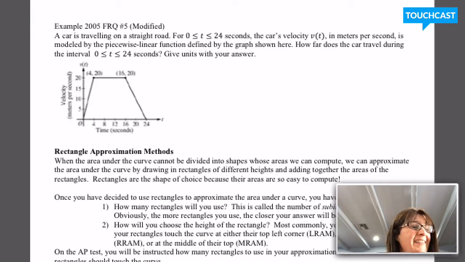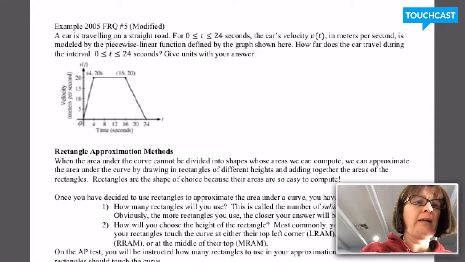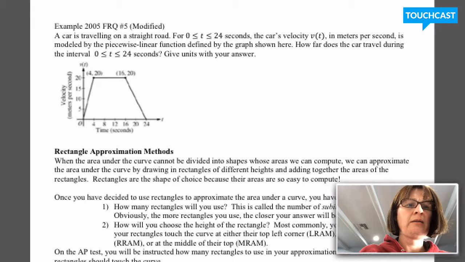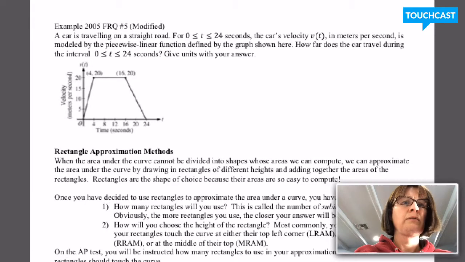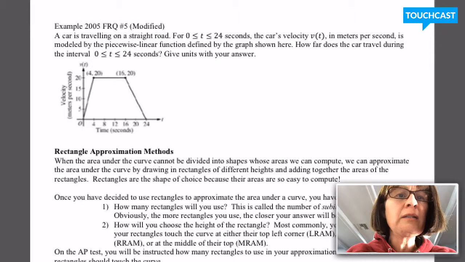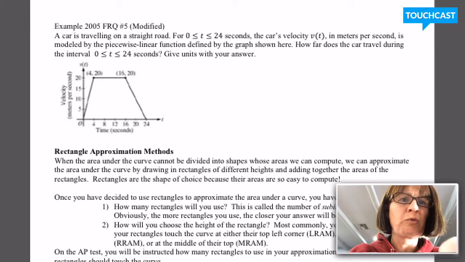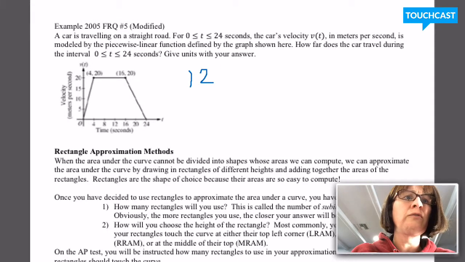So how do I find that distance traveled? I'm going to find the area of this trapezoid. This time our trapezoid is geometry style, with our parallel sides horizontal. Remember, I'm going to find the average of the parallel sides, which in this case, the length of the top is the difference between 4 and 16, so that's 12.